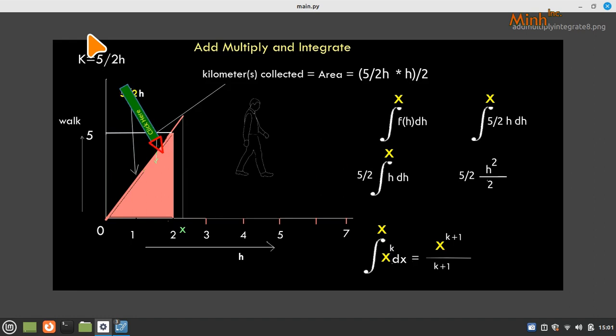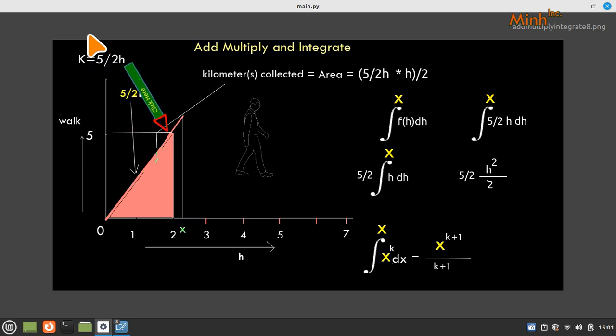Now if I see closely, this triangle, and if I make it opposite, this triangle, both are the same, meaning both have the same area. This full shape leads to a rectangle. From here down it is a rectangle, and the rectangle height is 5 by 2h.